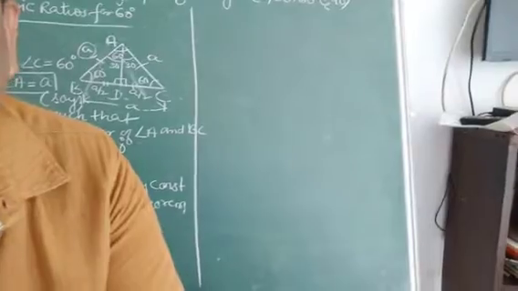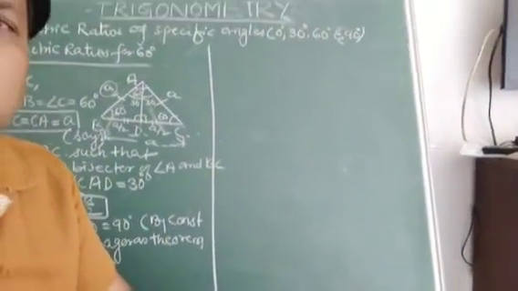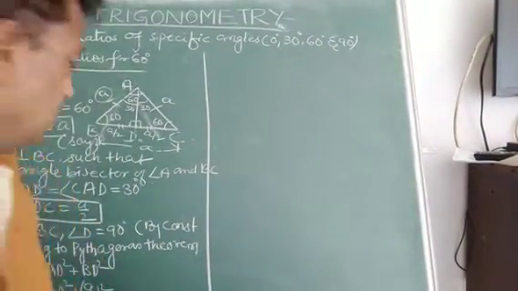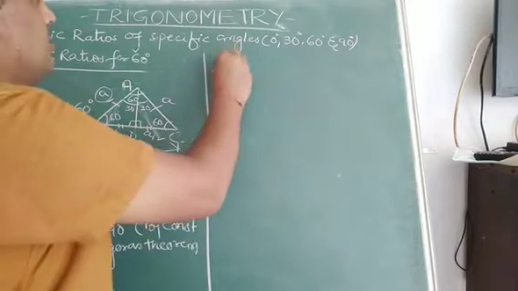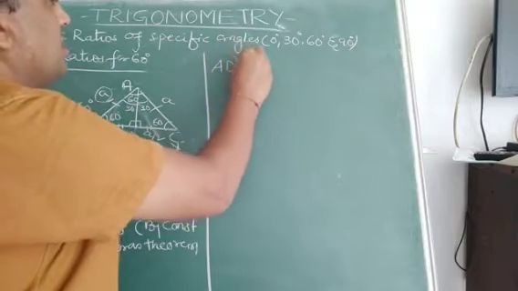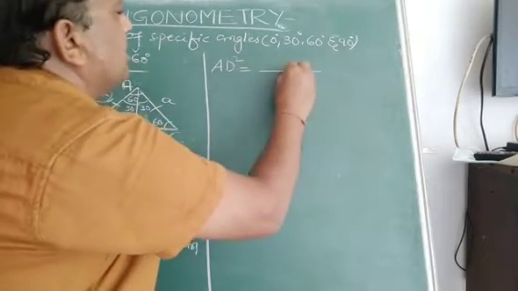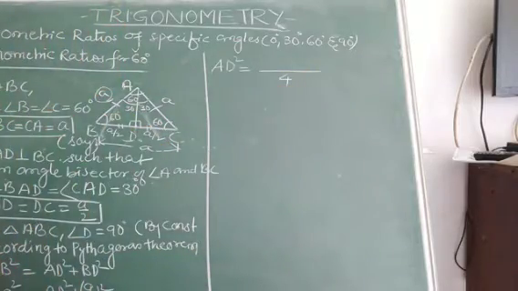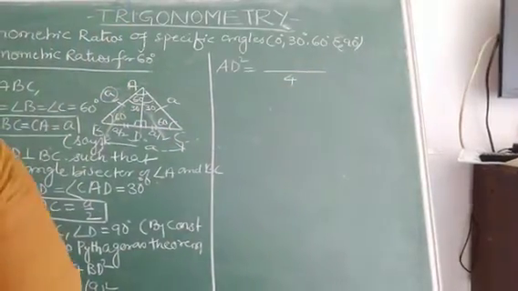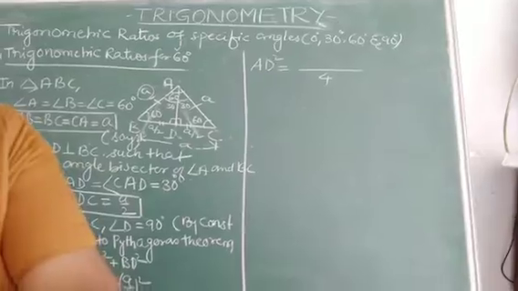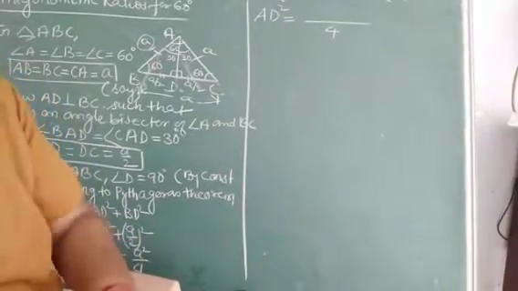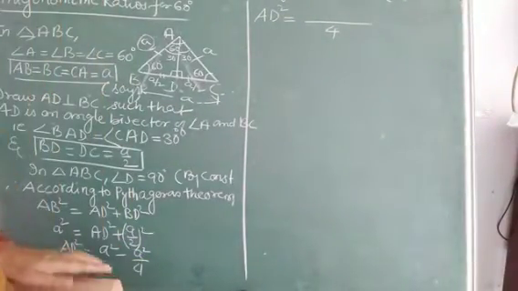Simply, children, we just have to simplify. AD square is equal to, 4 is the LCM. What was that, children?